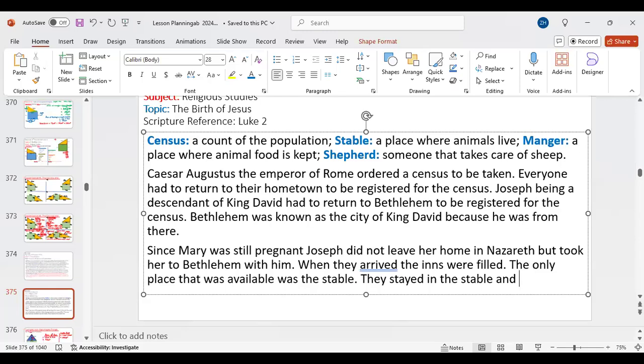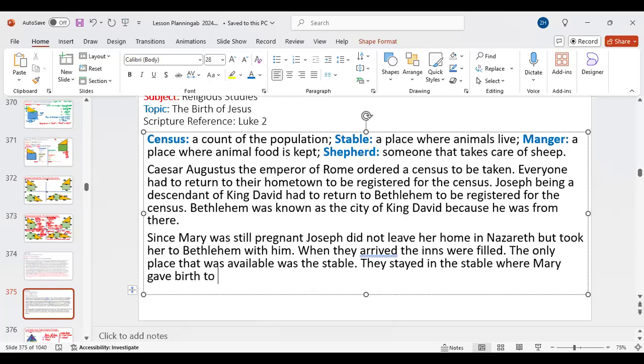It's not a place for humans to be. That's animals' place. But they stayed in the stable, where Mary gave birth to baby Jesus and laid him in a manger.